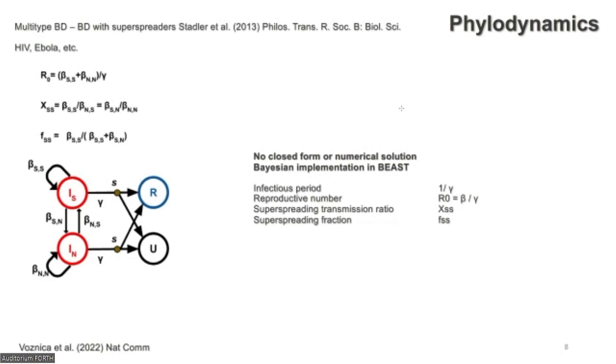Again, we can estimate the infectious period, the reproductive number, and then we have two new parameters. One is the super spreading transmission ratio, so how much more does a super spreader transmit the disease compared to a regular spreader, and the super spreading fraction, which is the fraction of super spreaders in our total sample.